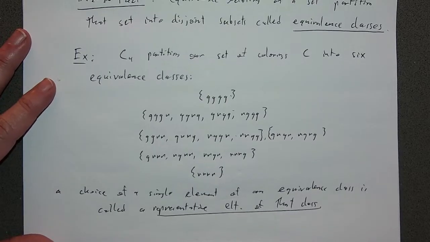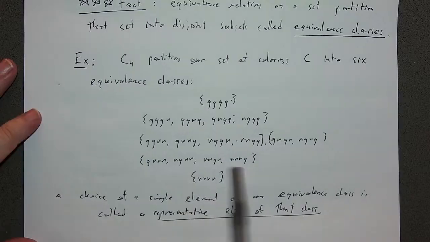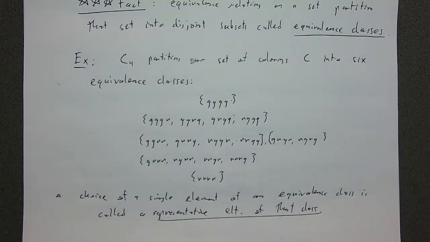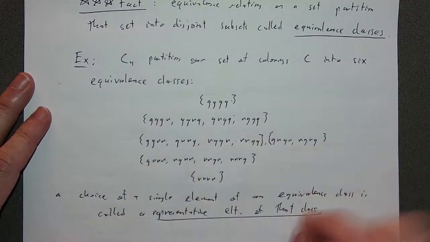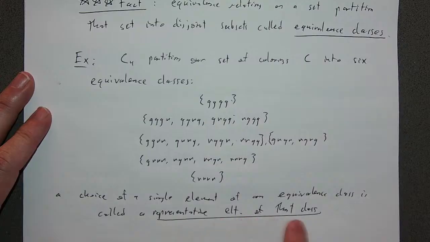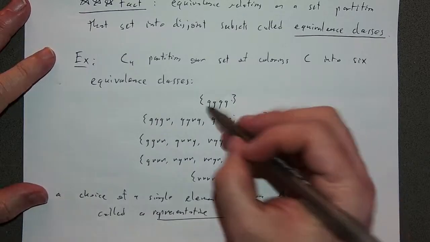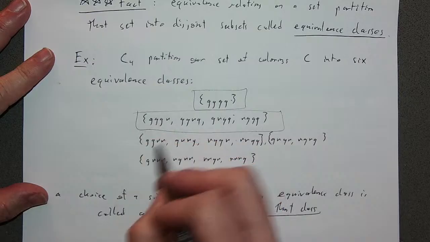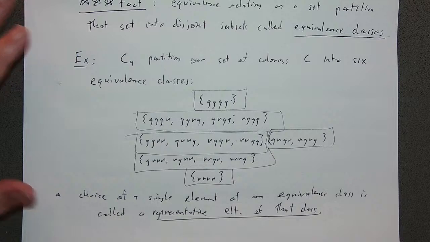Now the reason for this is with respect to the equivalence relation, everything in a class is just as good as anything else. So choosing one of them, you're choosing something that is equivalent to any of these. So relative to this equivalence relation, it's a representative element for its class. You could have picked any element in that class, and this would have the same property. As far as this equivalence relation is concerned, everything in one of these classes is equivalent to everything else in the class, and they are equivalent to nothing outside of their class. Okay, that's the important bit.